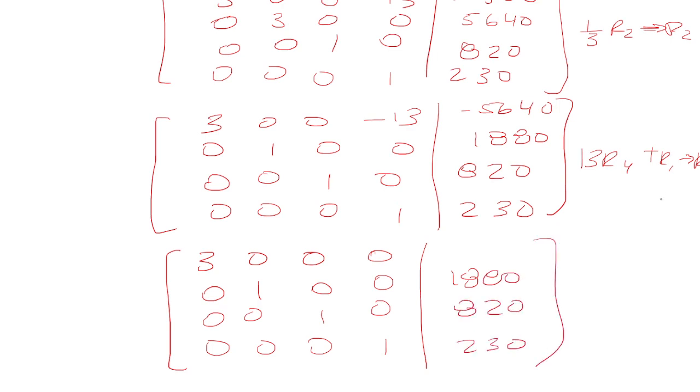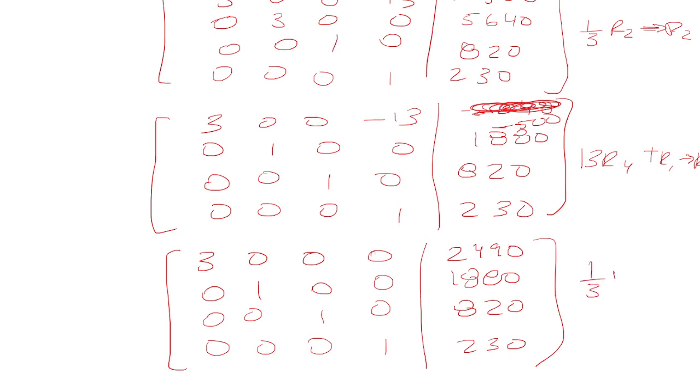Now finally, we have to do 13 times 230 plus negative 5,640. Or sorry, this is a typo. This is negative 500, sorry. It's negative 500. So we do 13 times 230 plus negative 500, which will be 2,490.